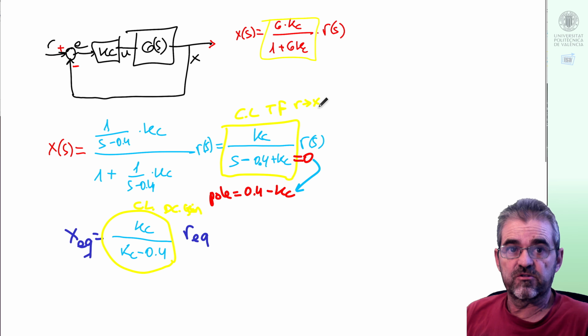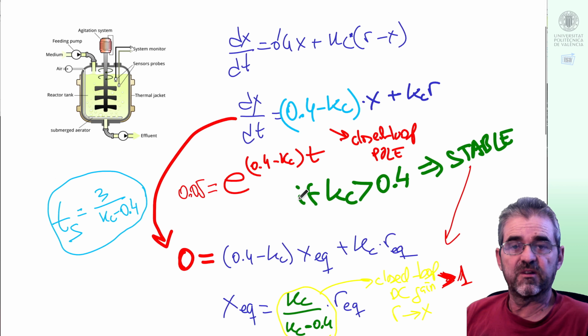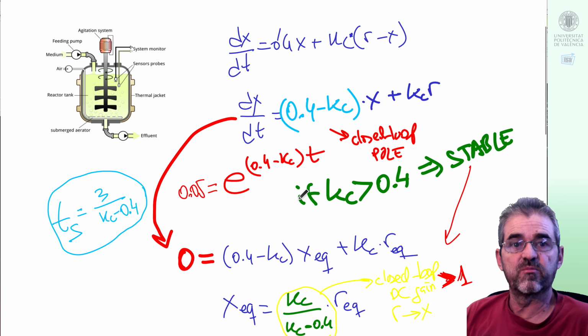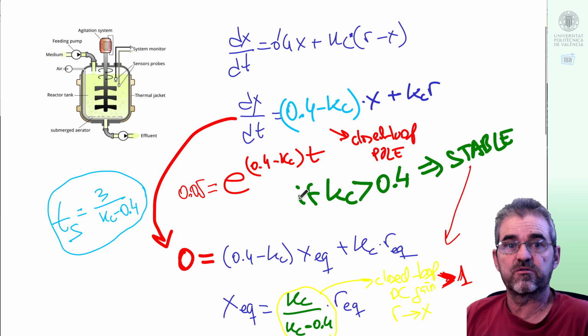But in this first order case, perhaps the differential equation setup we considered here was very easy because we had just one differential equation. But okay, both approaches yield exactly the same results, as expected, of course.